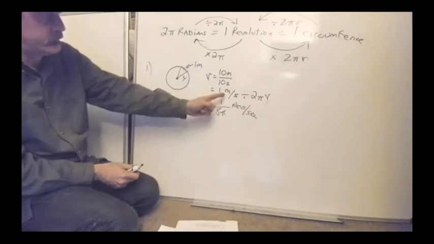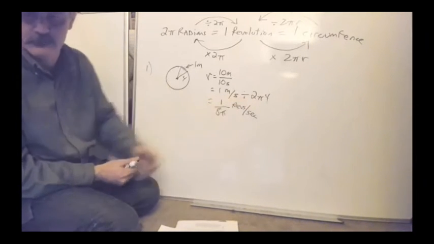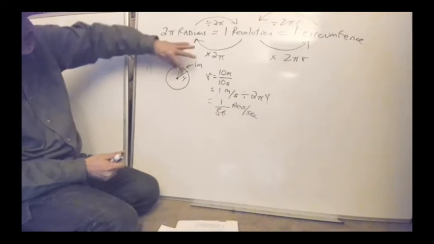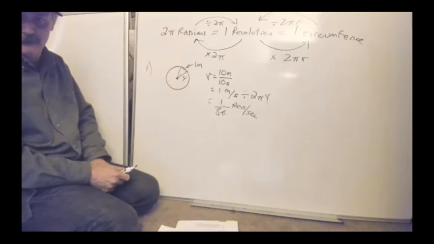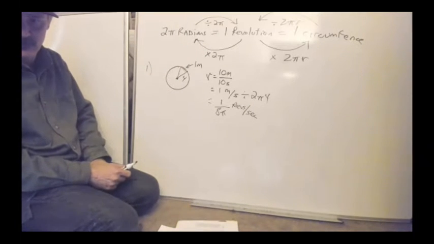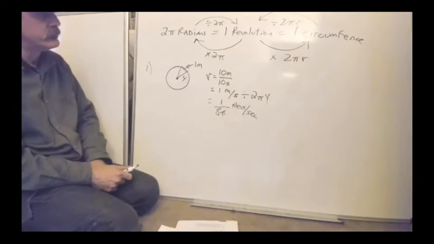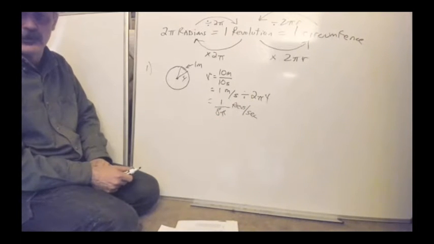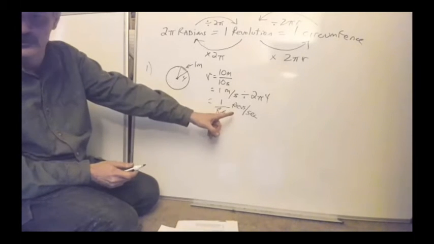So again, we had distance. We wanted revolutions, divide by circumference. So that's the portion expressed in revolutions. So that's probably about 1/25th, roughly. Now we want radians per time because that's what angular velocity is. So we got revolutions and we want radians, multiply 2 pi.